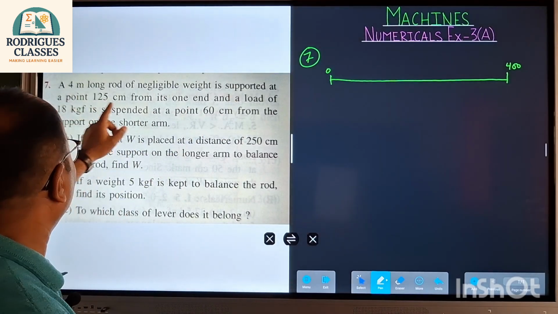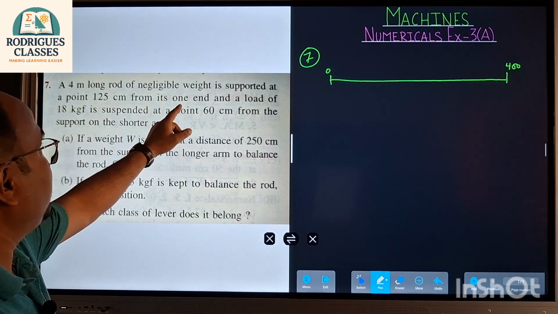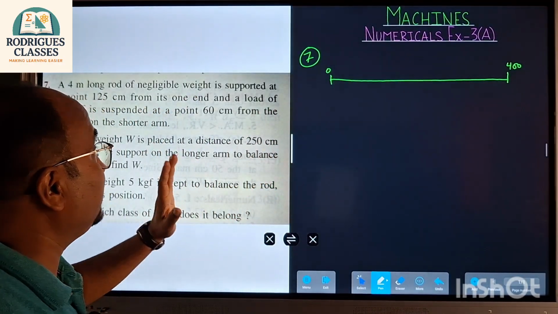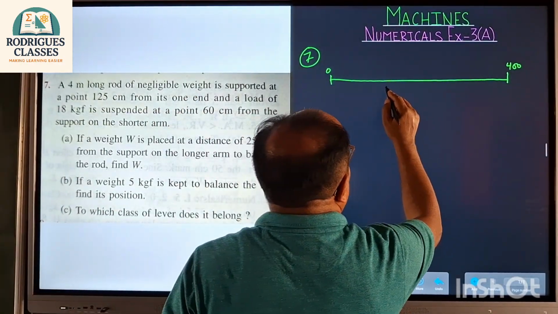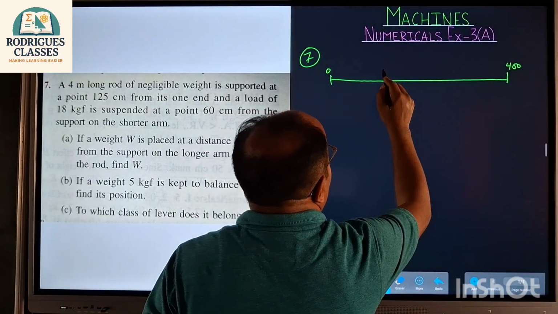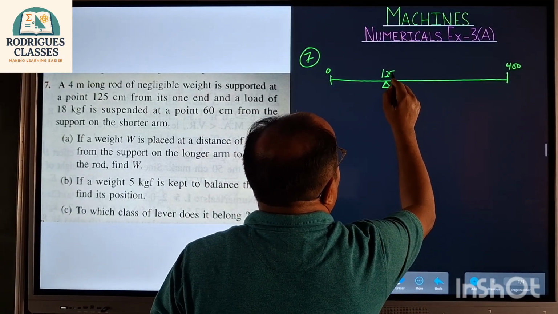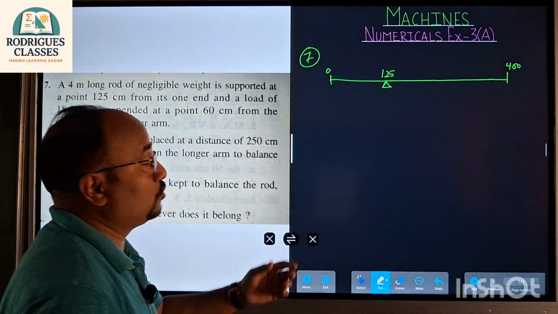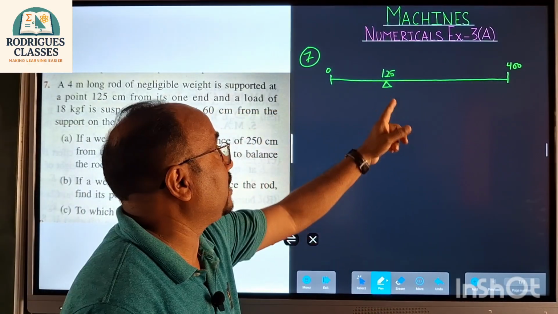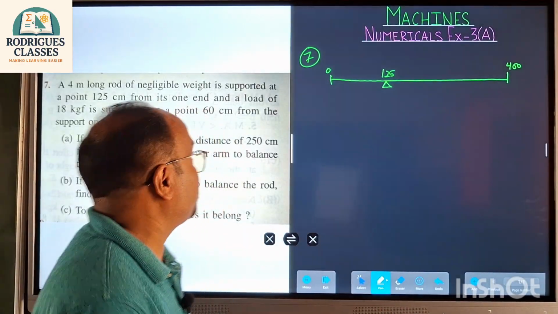It is being supported at 125 centimeter from its one end. We can take that end anywhere, and at 125 centimeter it is supported. So I am writing here, this is my 125 centimeter mark. So this side is the shorter part and this side becomes the longer part. Remember, this acts like the fulcrum.